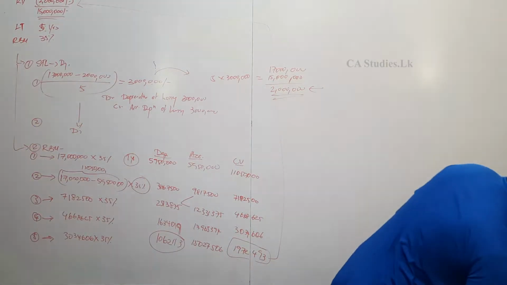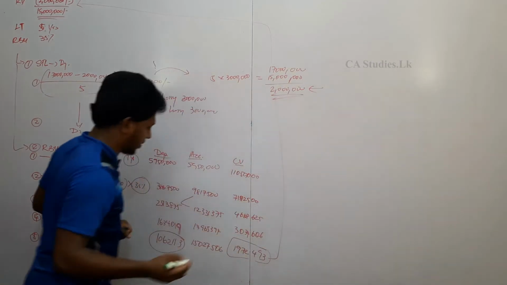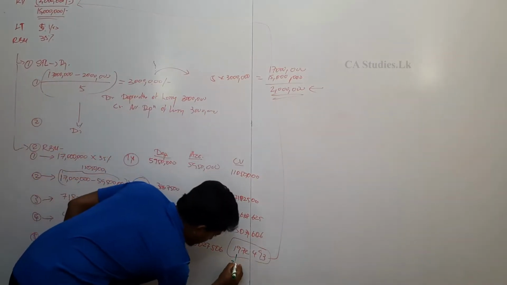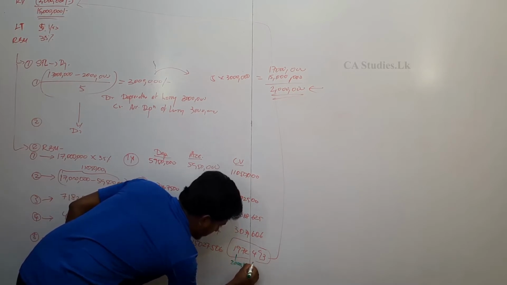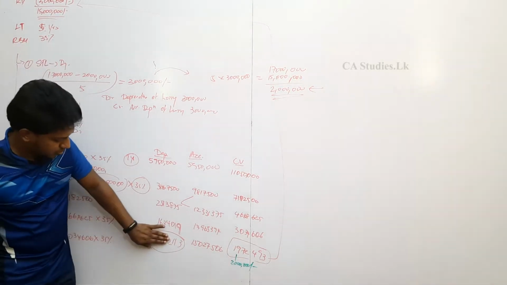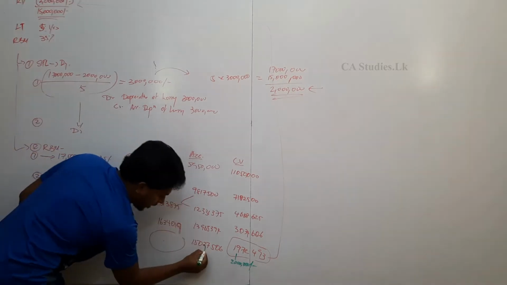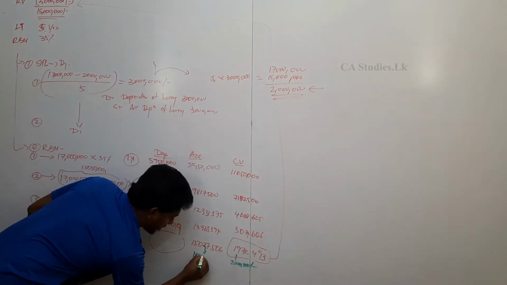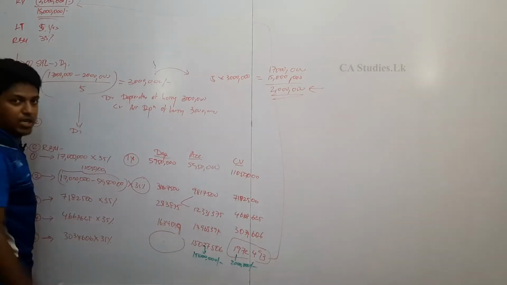After 5 years this balance should be 2 million. Now if this is 2 million, what will be the depreciation value? This balance is 2 million. What will be the accumulated depreciation? 15 million, right? 17 million minus 15 million, 2 million.